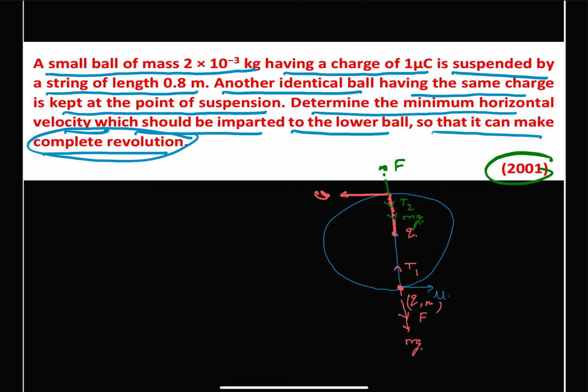Okay, so these are the basic things which we are going to require. And this center is O, the lowest point let us suppose is A, and the highest point is B.